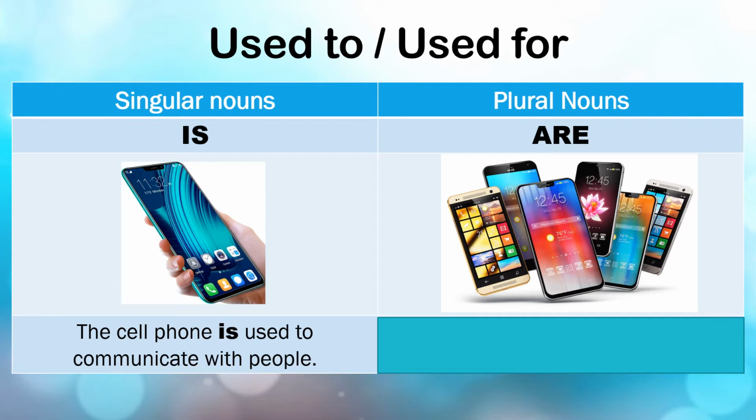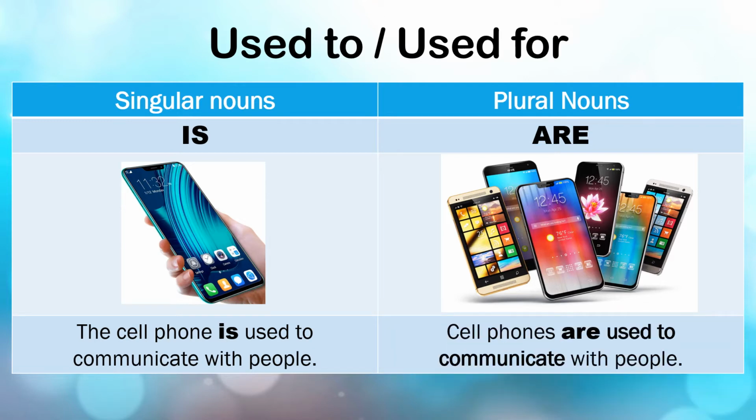For instance, the cell phone is used to communicate with people. And using are, cell phones are used to communicate with people.